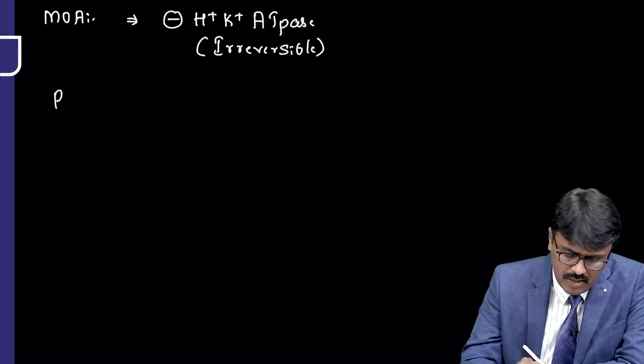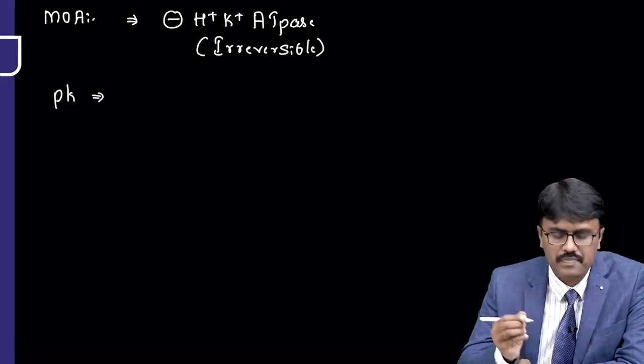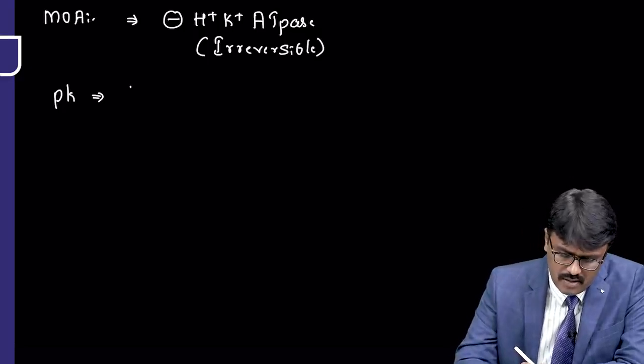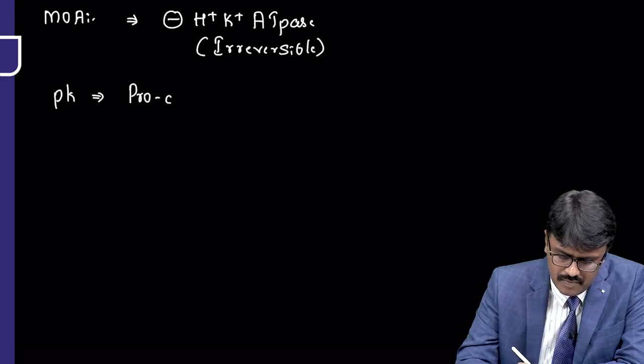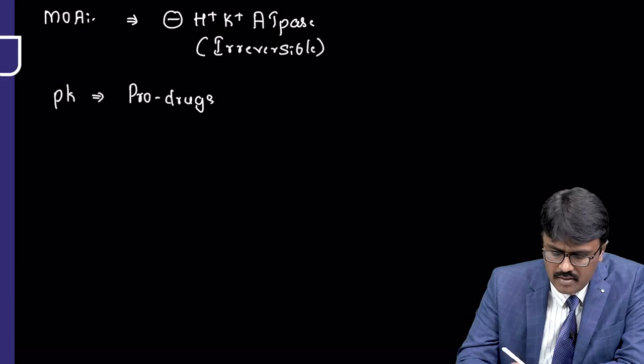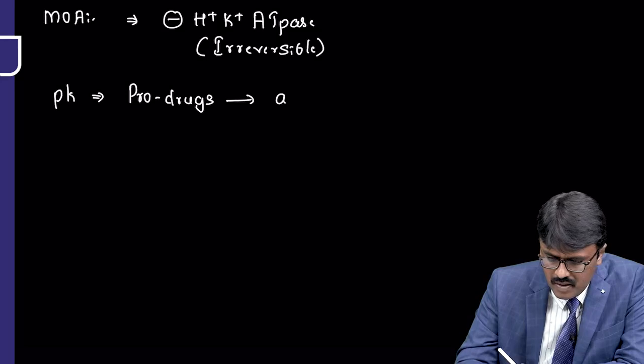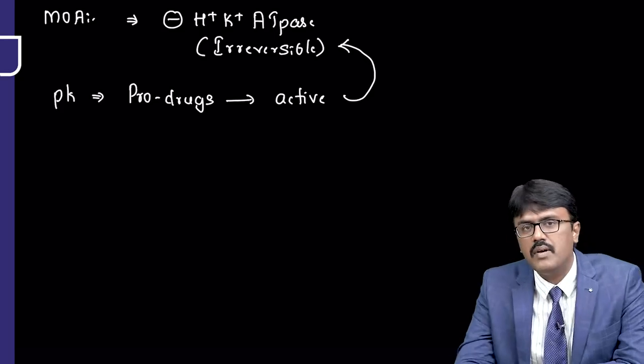Moving on to the pharmacokinetics, what should I know? Pharmacokinetically, remember, these drugs are prodrugs. So they become active, and once they become active, only then will they inhibit this enzyme irreversibly.